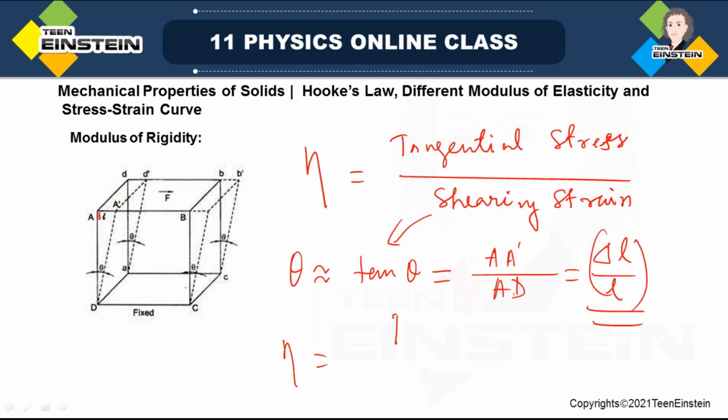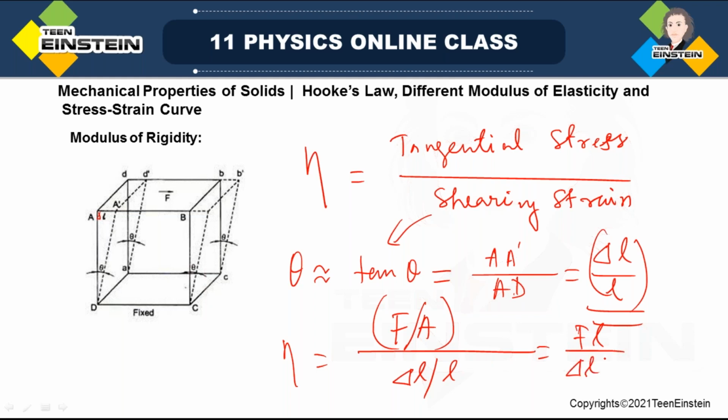So eta will be tangential stress as this, and this is delta L by L, and hence F into L by delta L into A.